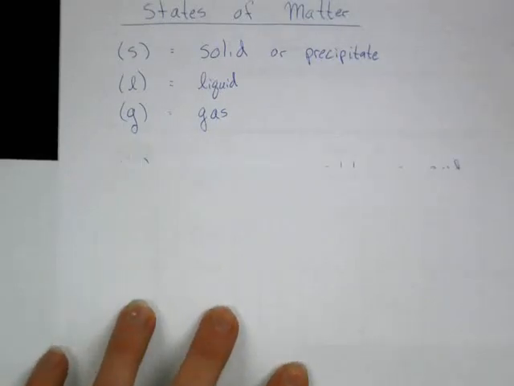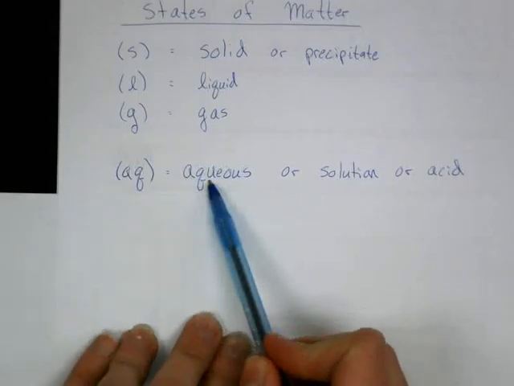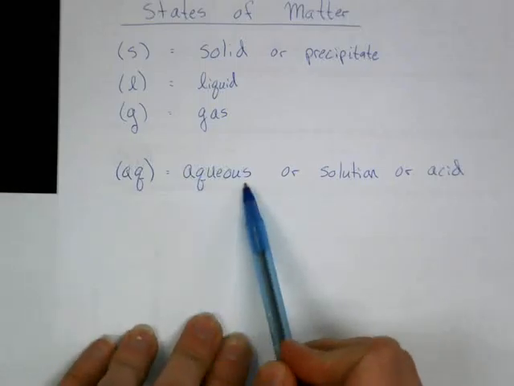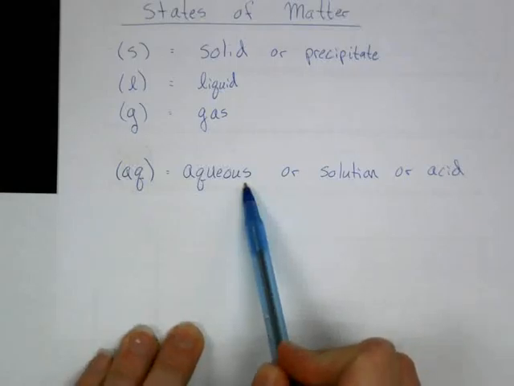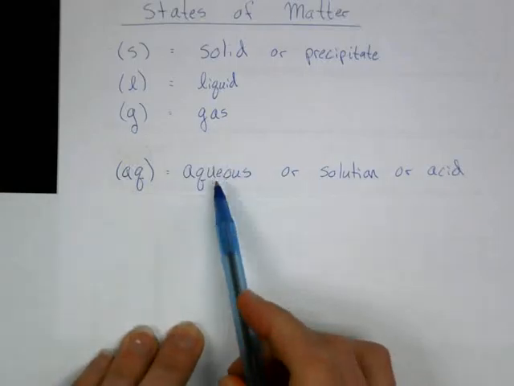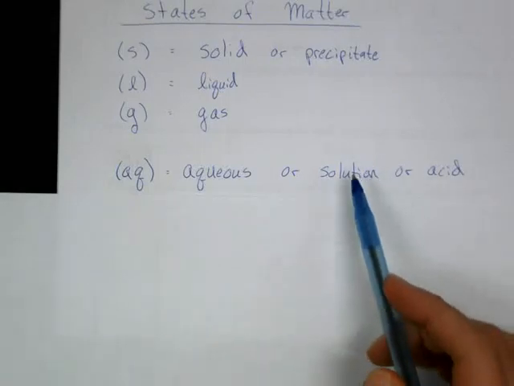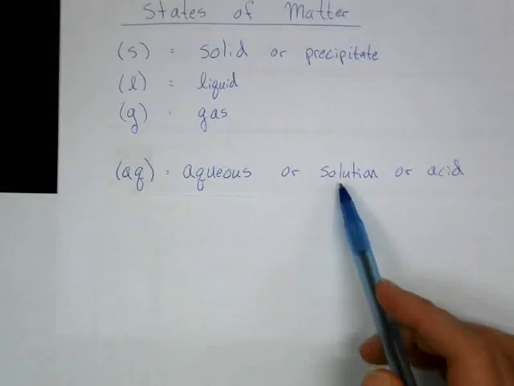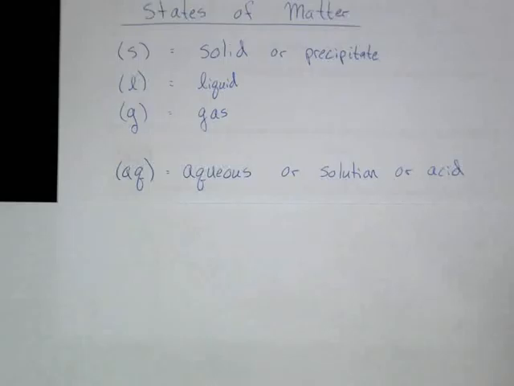There's another one we call aqueous. Aqua means water, so aqueous things are things that have been dissolved in water. Such examples are solutions, like a saltwater solution, which is sodium chloride, NaCl, table salt, dissolved in water.